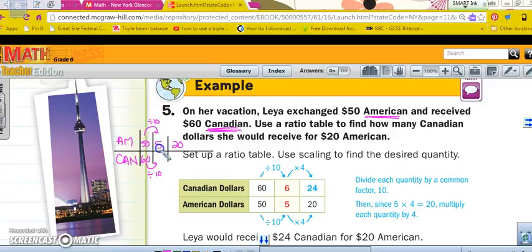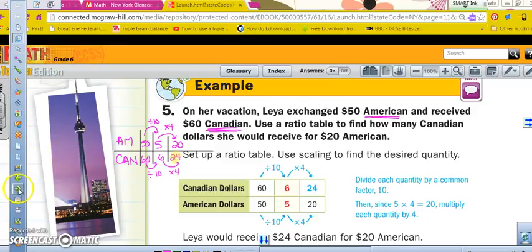That gives me 5 and 6. I can go from 5 to 20 times 4. And again, we do whatever we do on the top to the bottom too. And 6 times 4 is 24. So 24 right here is my answer. I would have $24 in Canadian.